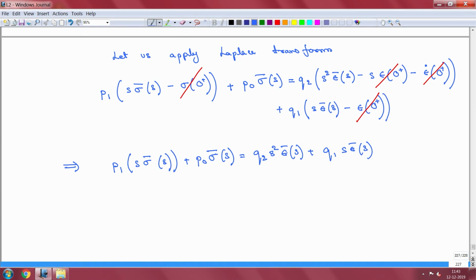Okay. So, now we can write our equation as: on this side we have epsilon bar s times q2 s square plus q1 s.